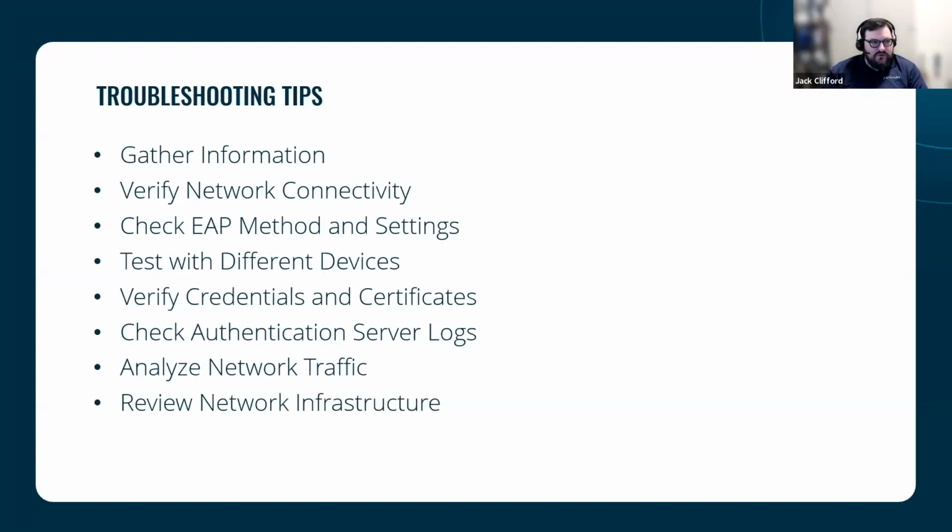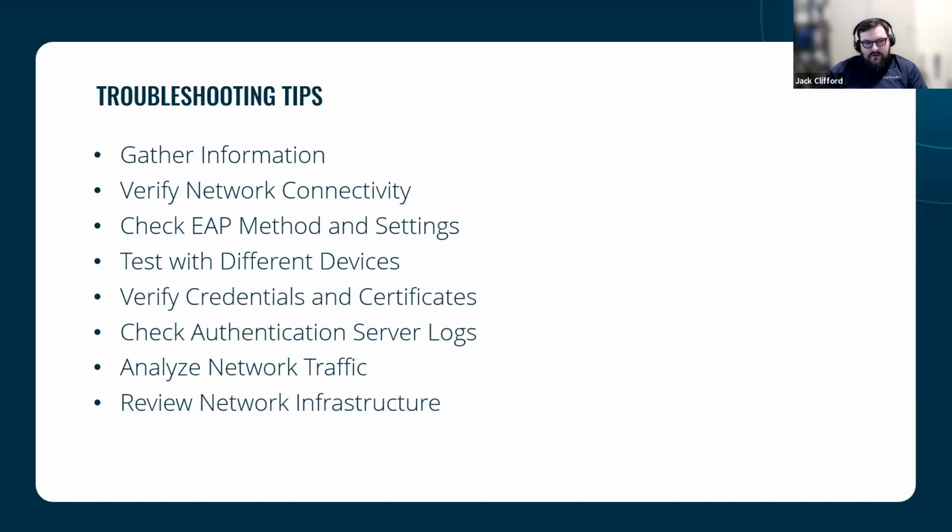Some basic troubleshooting tips, and these are kind of more high level as well. These work for troubleshooting any type of issue. First, you need to gather what information is relevant to the issue. So what symptoms the end user is experiencing, what users are affected, what devices are affected, and then you can narrow down what you're looking at in terms of trying to troubleshoot and fix that way.